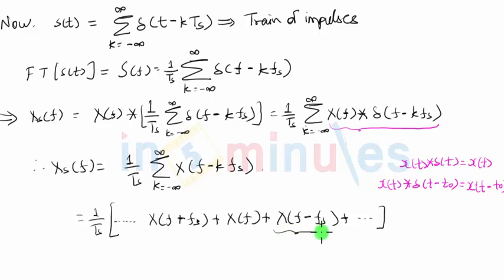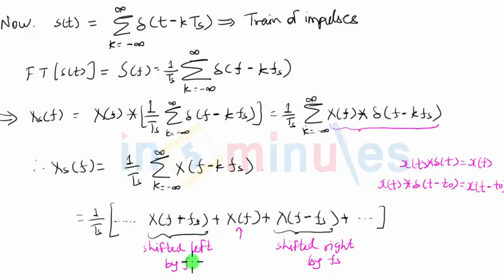This is the version shifted towards the right by fs. This is my original X(f), not shifted, present around the origin. Now X(f) in the form of X(f + fs) is nothing but shifted towards the left by the same amount fs.